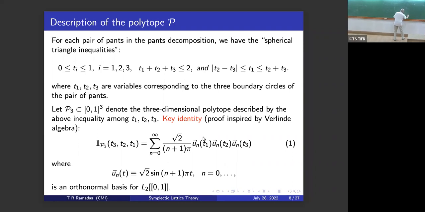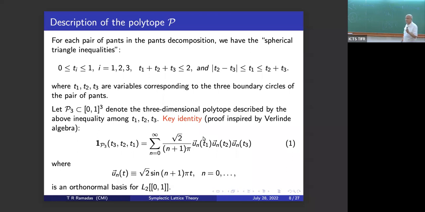I'm not very good at drawing that polytope. It will look something like this. I've called that P3. Take the indicator function of that polytope, namely the function which is 1 inside and 0 outside. That function in L2 of this 3-cube has a sine expansion of this kind.